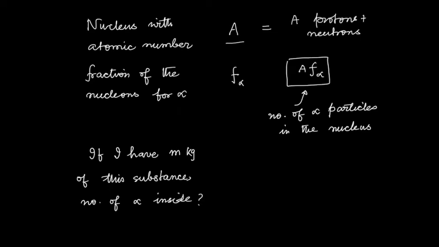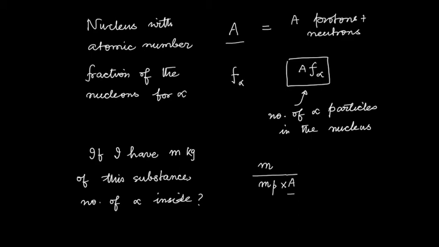For one nucleus it is A times f alpha. So if I have m kg, then roughly each of these atoms, because they have a number of nucleons, they will weigh m_p times A.